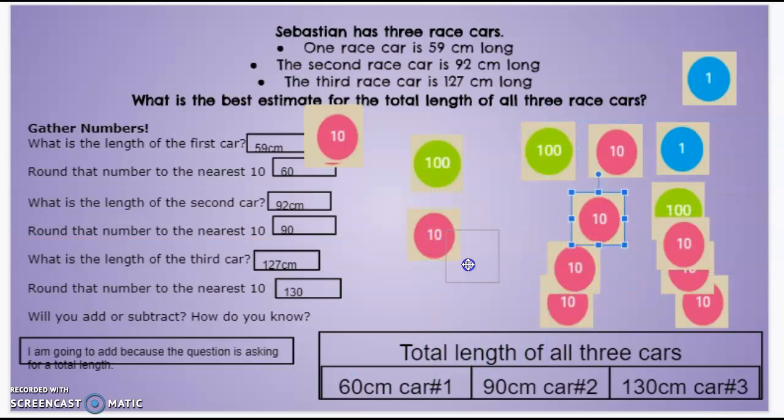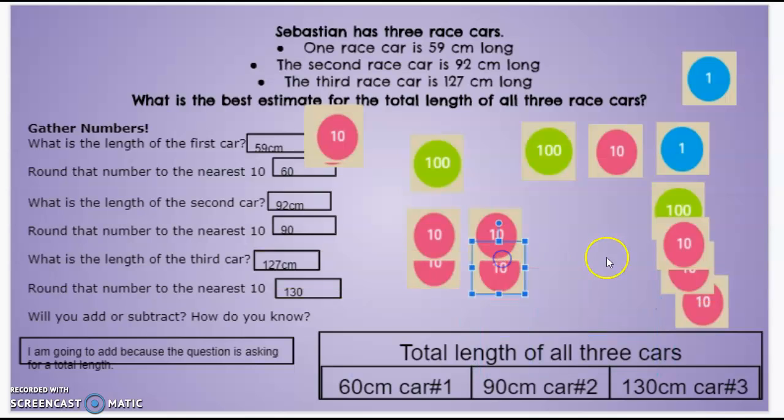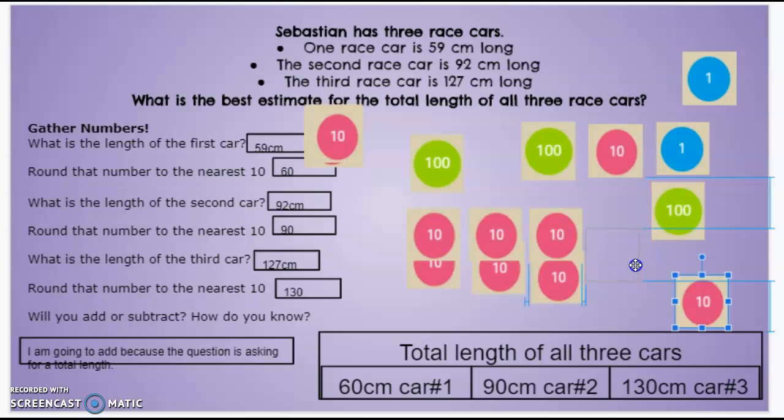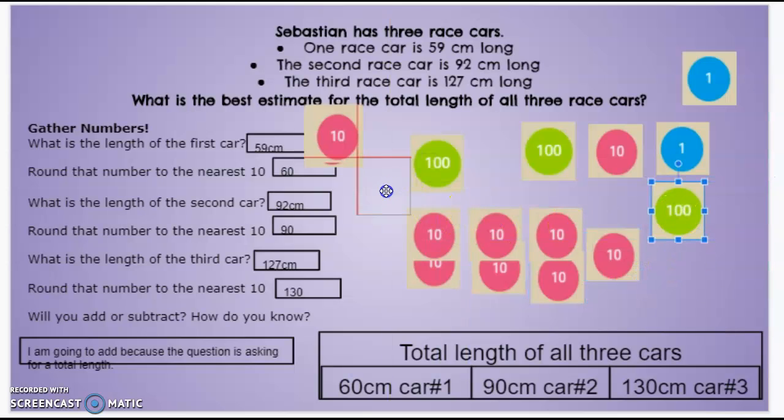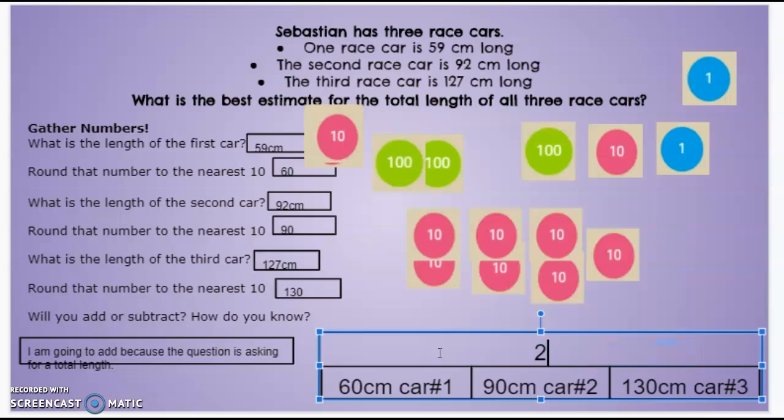Then I count the remaining 10s: 1, 2, 3, 4, 5, 6, 7. So I have 7 10s, and I have 2 hundreds. So the total length of all of the cars would be 270 centimeters.